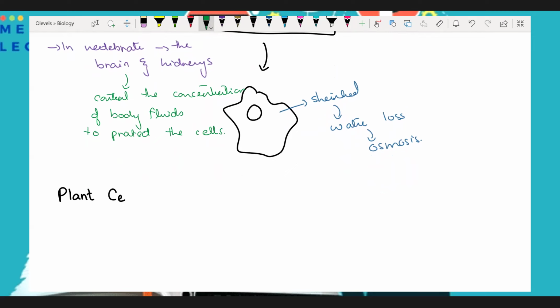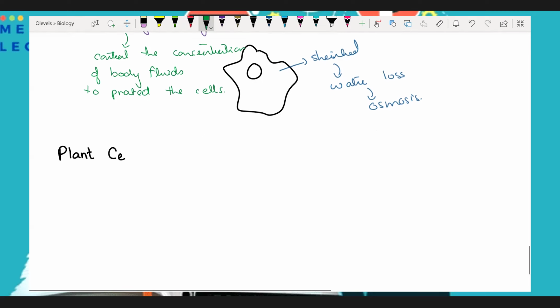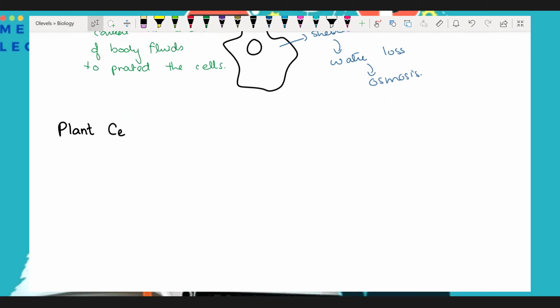Actually, yes, you can say that it is controlled by the pituitary gland, and specifically, there's a hormone that does that. Could you name that hormone? That's the ADH. Yes, antidiuretic hormone. That is what controls it. That is also called vasopressin. Okay.